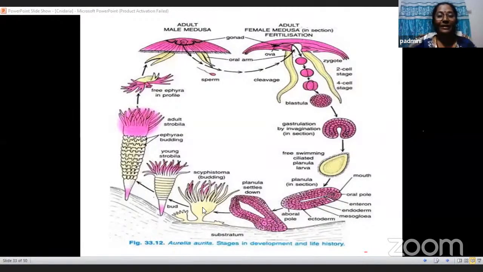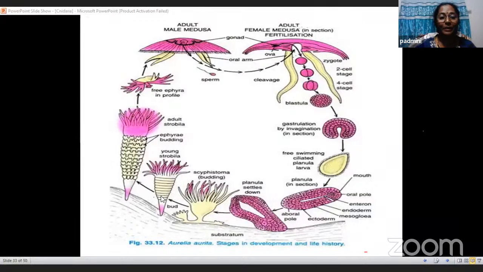Scyphistoma resembles a polyp stage, a vase-like structure with tentacles. They have many tentacles around, which help in capturing food, and digestion occurs there for nutrition. As they grow, they change slowly into the strobila stage.